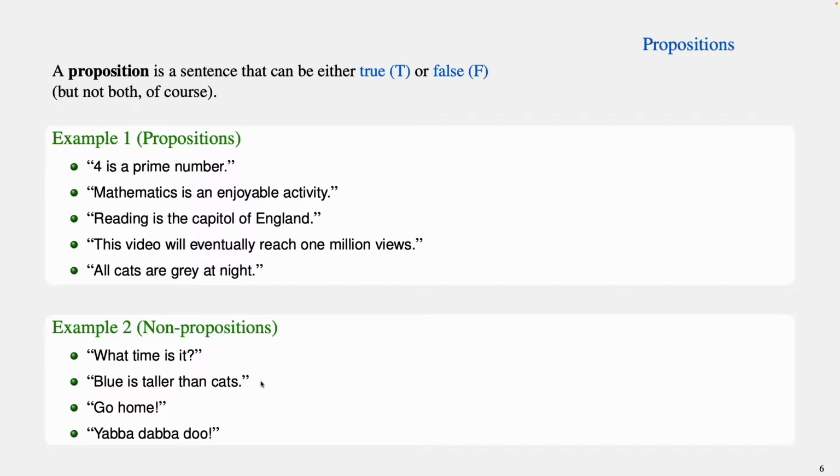So we cannot ascribe the value true or false to this statement. Now go home. This looks like an order, a command, but it doesn't make sense to say this is true or false. And with yabba dabba doo, I don't even know what it is, but it is certainly neither true nor false, so it's not a proposition.